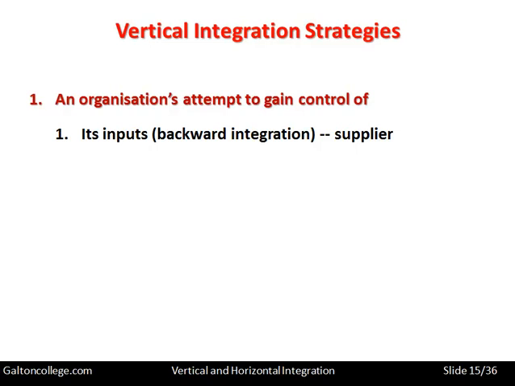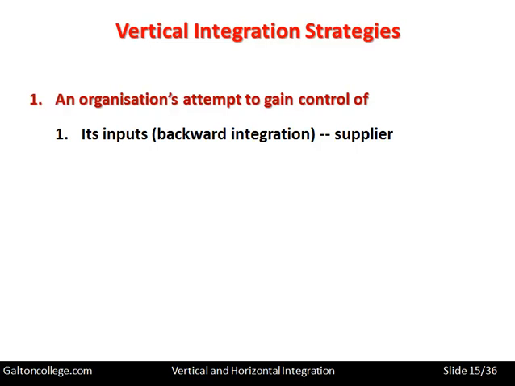So it's vertical integration. The business is trying to expand its operations to open a company that produces, let's say, the inputs to its business. So now the company that is supplying the inputs is itself. It's not buying from other suppliers, it's producing the inputs, manufacturing what it needs and feeding it into the business.